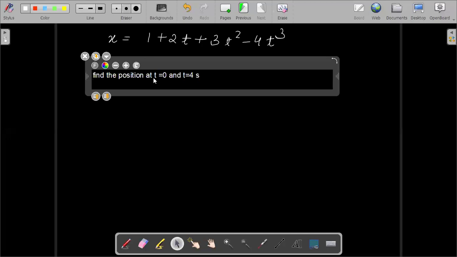Then you need to find the average velocity during 4 seconds.